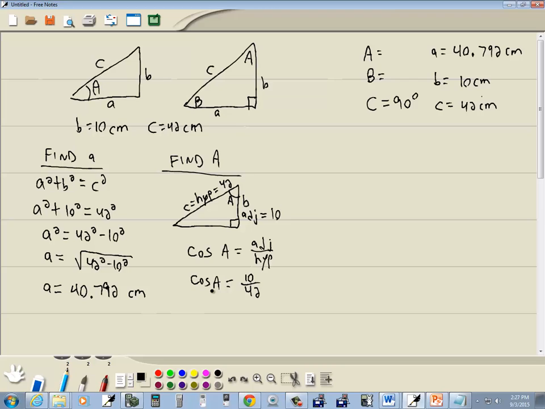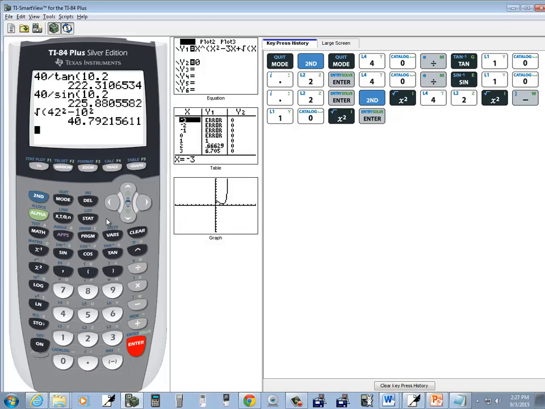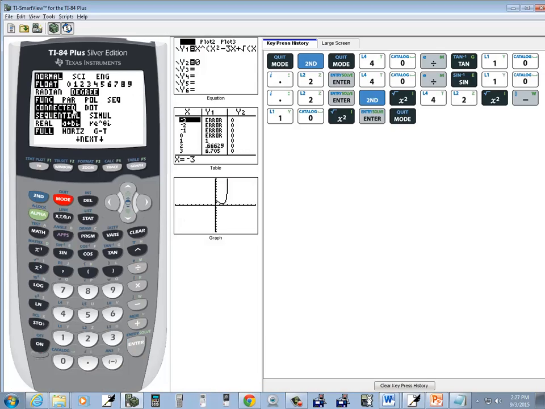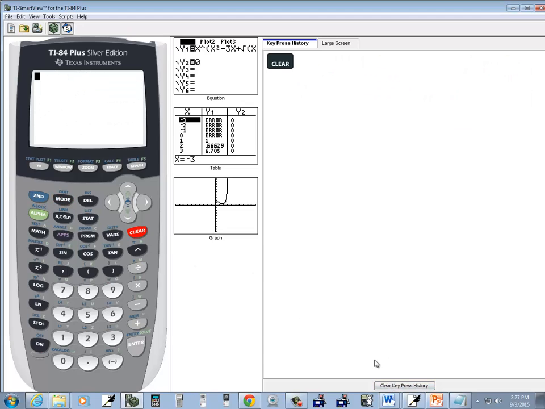Okay. Now we want to get A by itself, so we're going to take inverse cosine of both sides, because the inverse cosine and cosine are going to cancel each other. And when I do that, these cancel, and we've got A is equal to. Now you want to make sure your calculator's in degree. So if you press your mode, you can verify it's in degree. Mine is. So I'll just do a second mode, exit out. Okay.